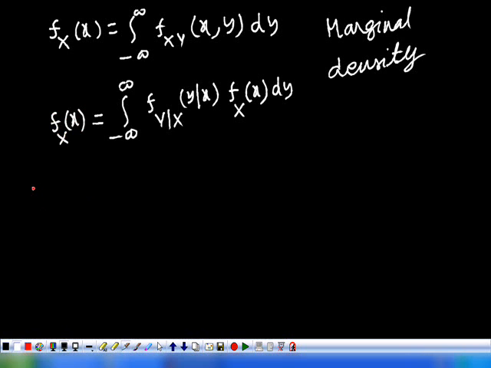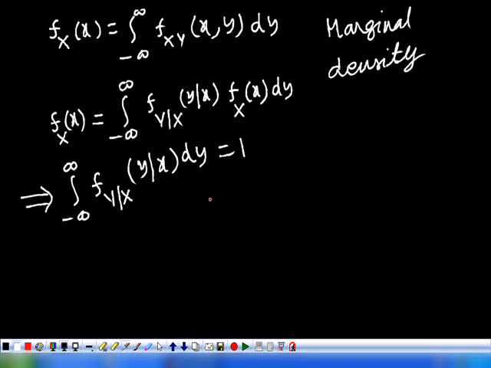So from this, can I take this fx of x outside? Can I take this fx of x outside? Because we are integrating with respect to y. So this fx of x gets cancelled. So from this we can write the integral from minus infinity to plus infinity of fy given x, y given x dy is equivalent to 1. Is it right? Follow this.